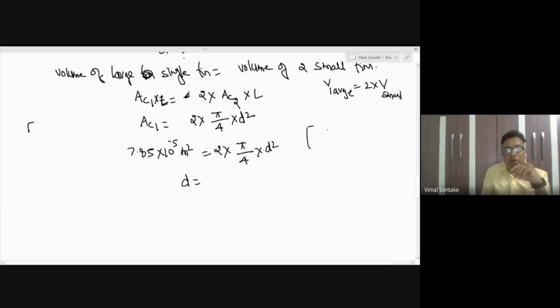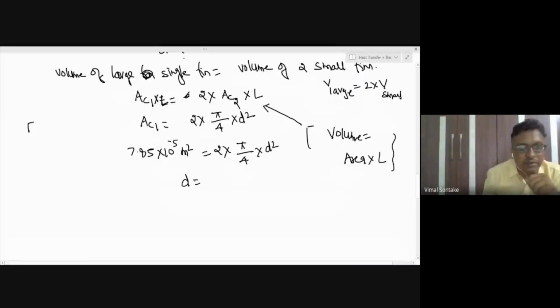And volume is nothing but area into length. So L will get cancelled because we are taking both the fins of the same length. From here, the diameter value will be 0.00707 meter.